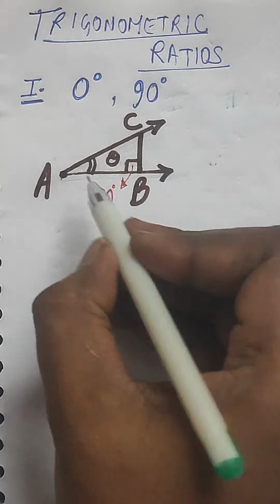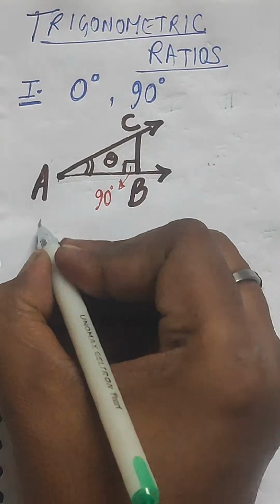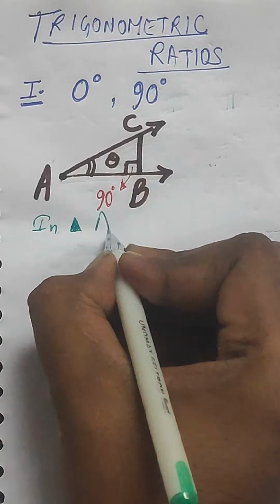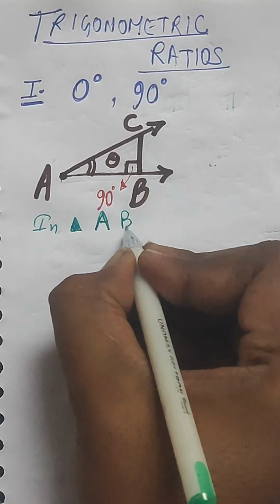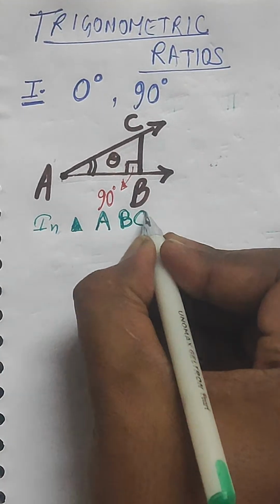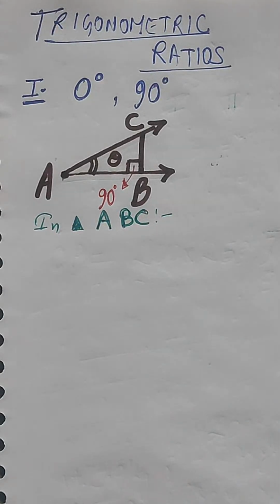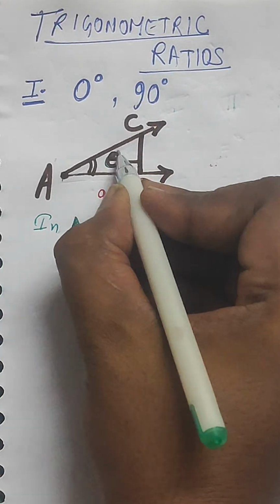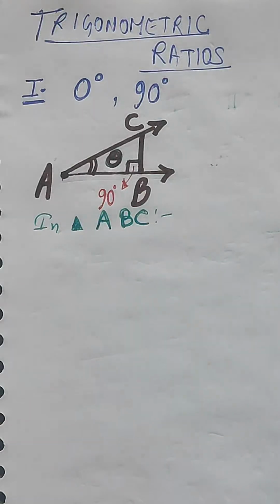Now in this triangle ABC, what happens? You can see, to find the value of sine theta, if this is theta, right?